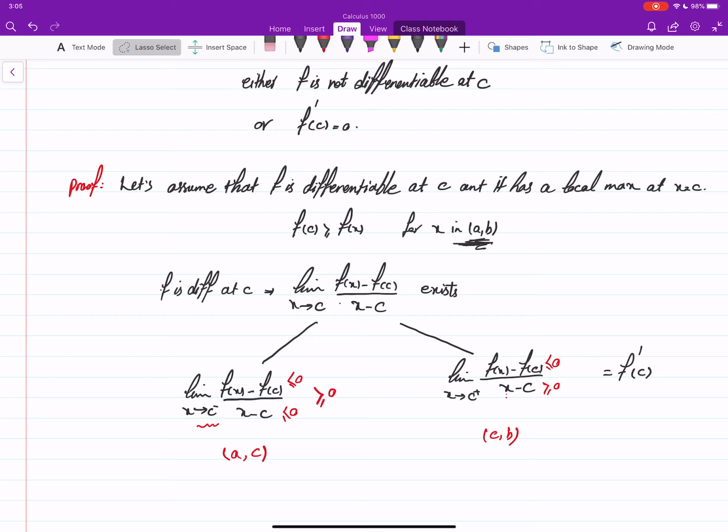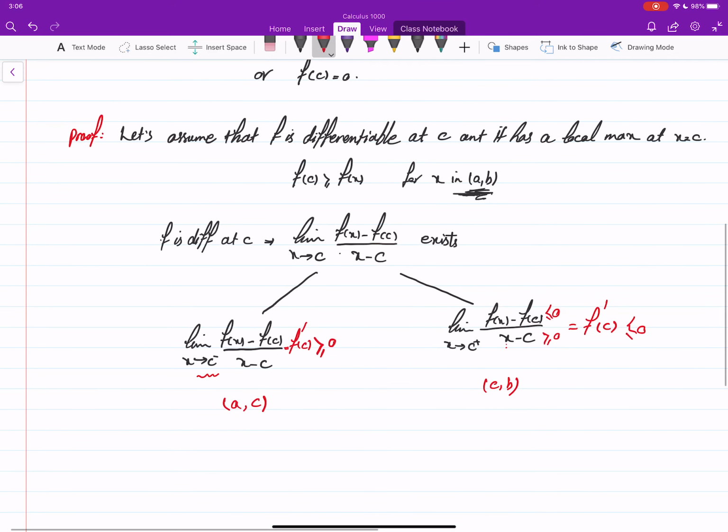Now we know that one side is going to be a number bigger than or equal to 0, and the other side is going to be a number less than or equal to 0.